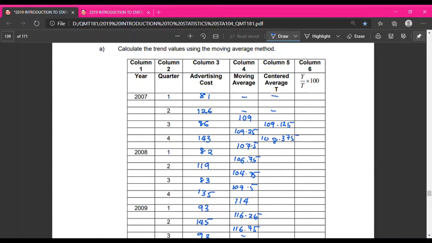Next, 107.5 plus 106.75 divided by 2. So we'll get 107.125.